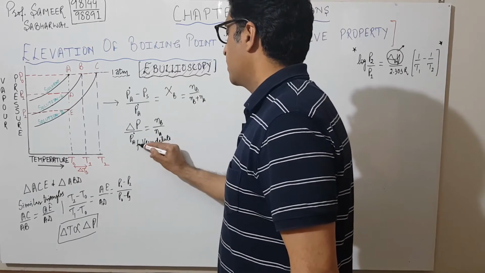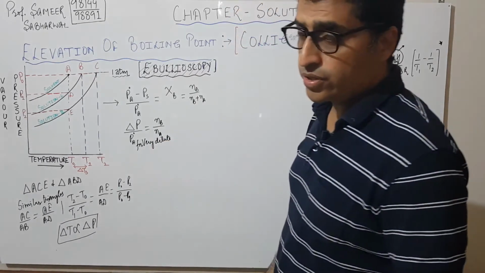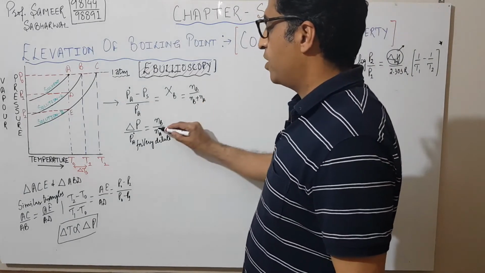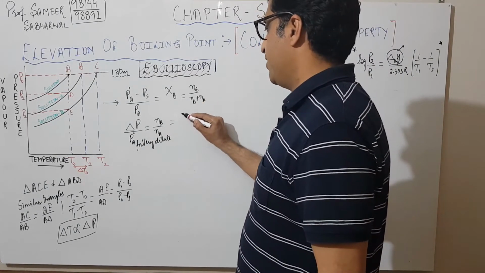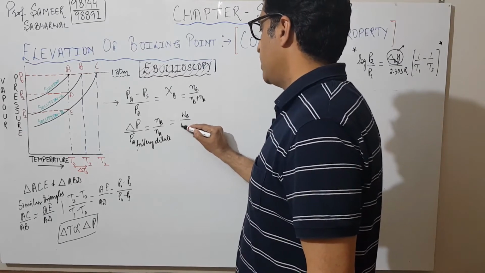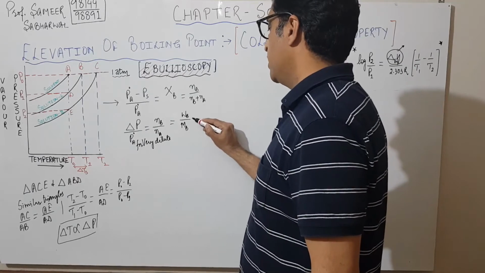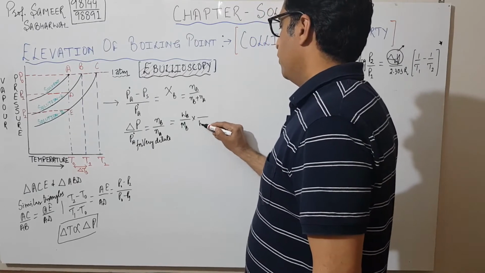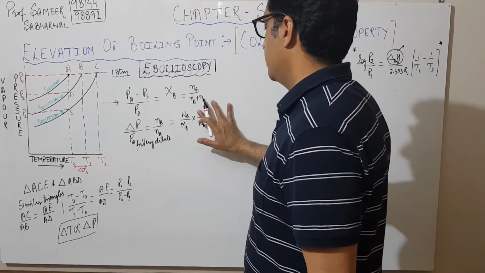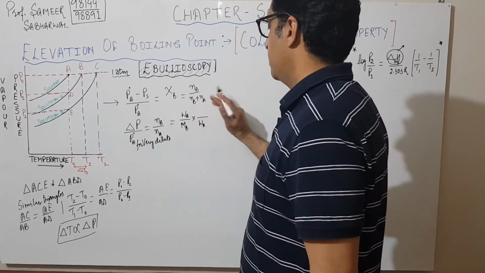This is for a very dilute solution. So I can neglect NB for a dilute solution and I can write this to be weight of solute over gram molecular weight of solute.